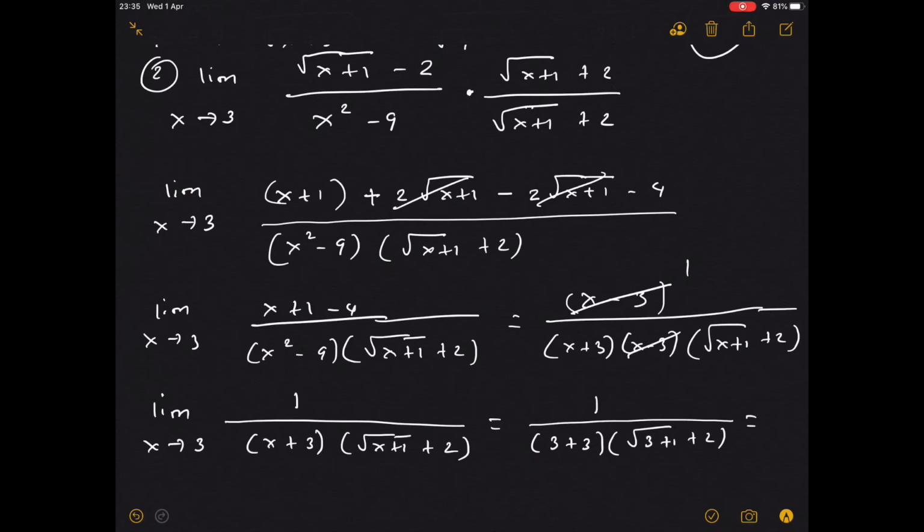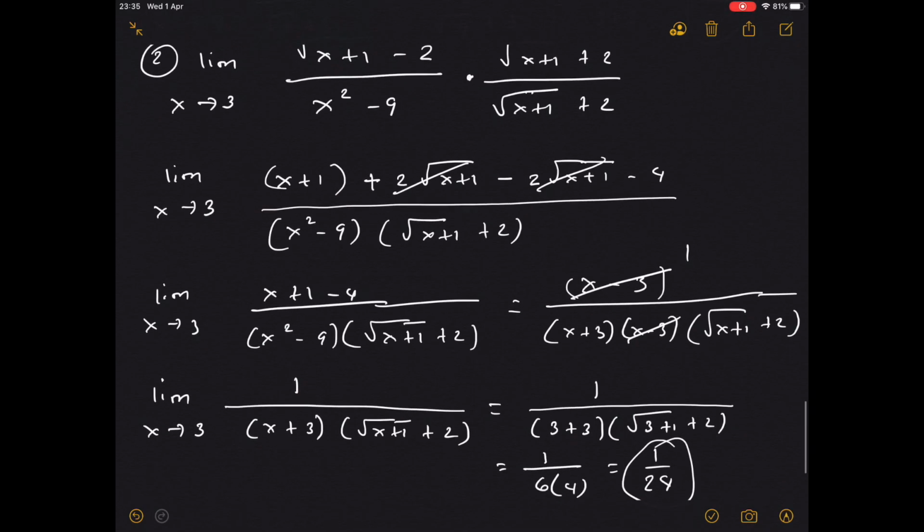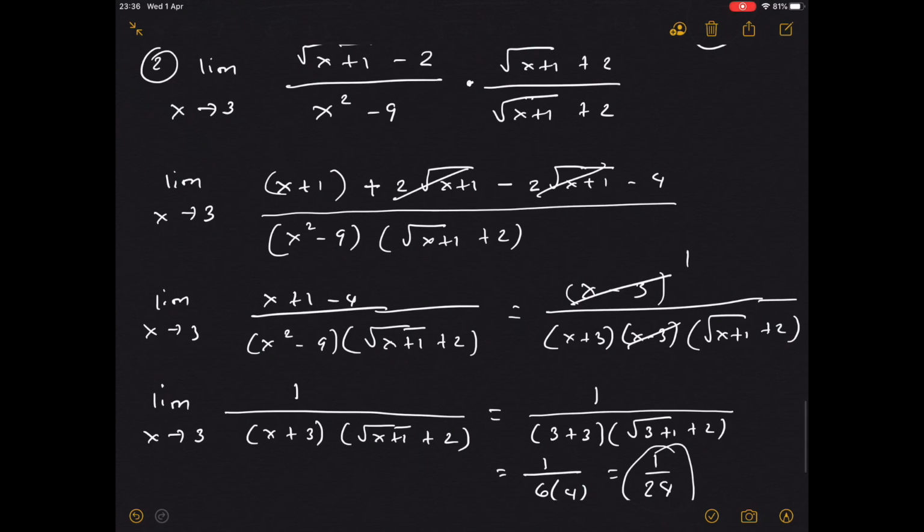That will give us 1 over 6 times 4, which gives 1 over 24. So the answer here will be 1 over 24 for question number 2.